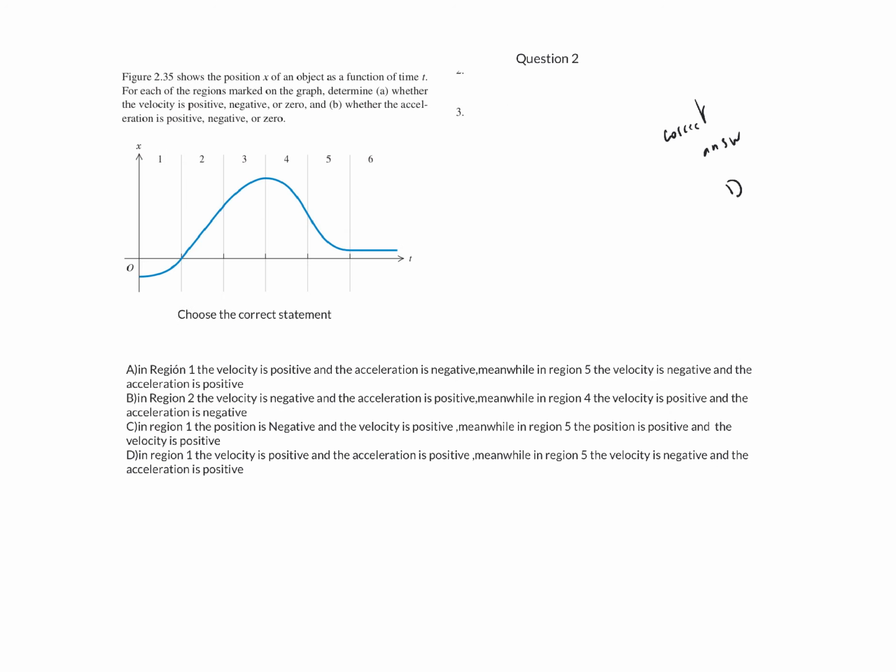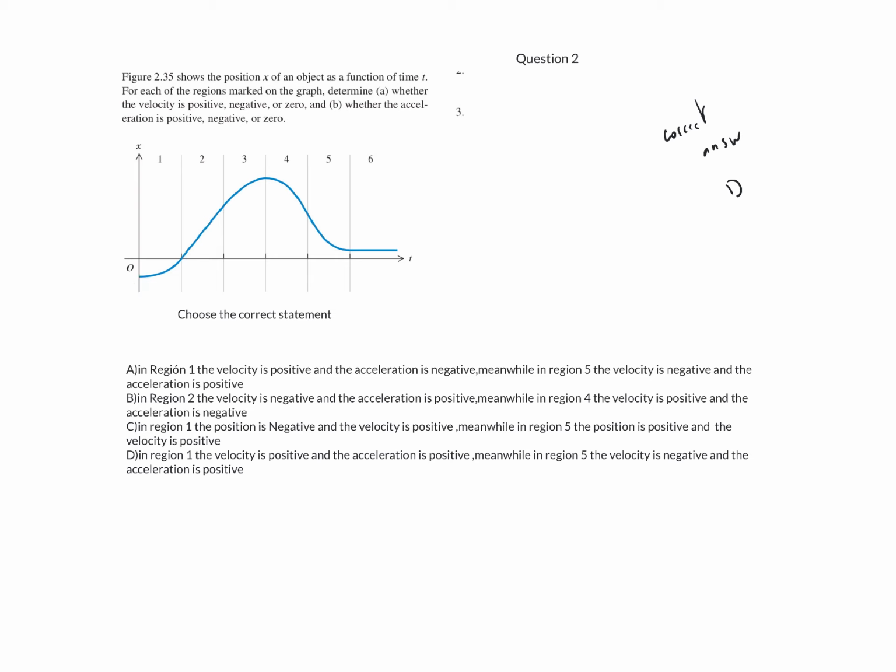Okay, here they show you x and t, 5 regions, and it says for each region mark whether the velocity is positive, negative, or 0, and whether the acceleration is positive, negative, or 0. You see that this is position versus time. The position in region 1 is negative.